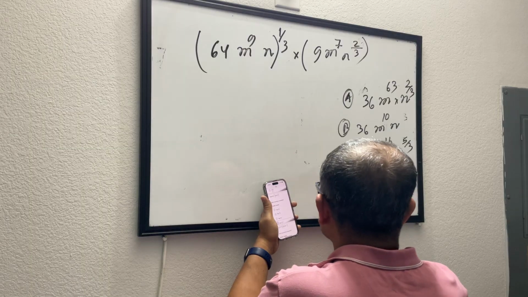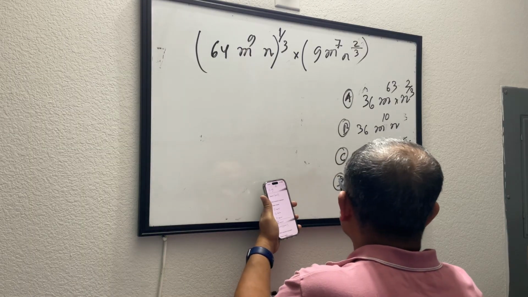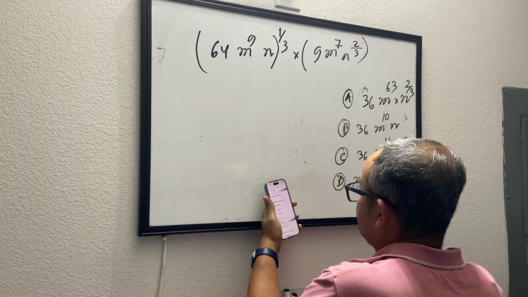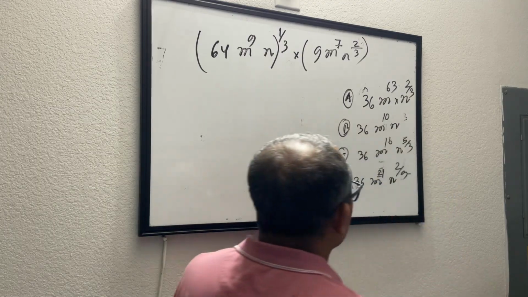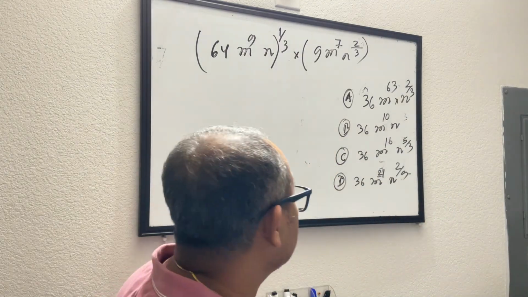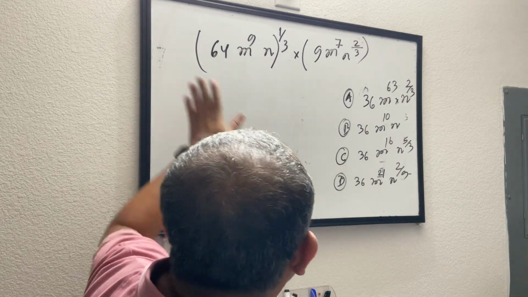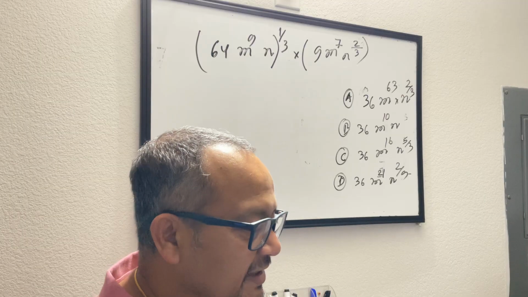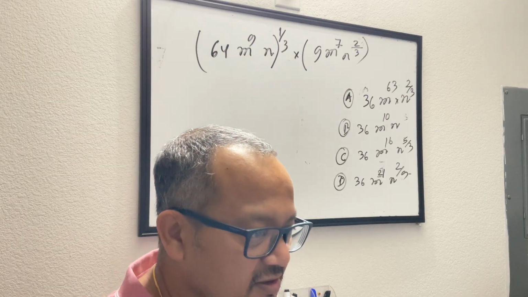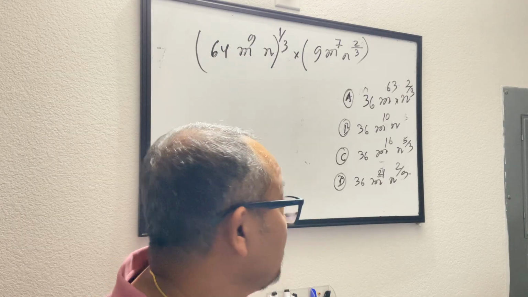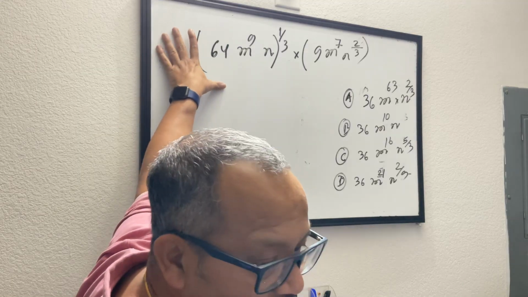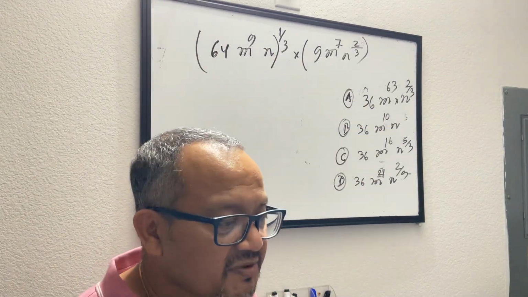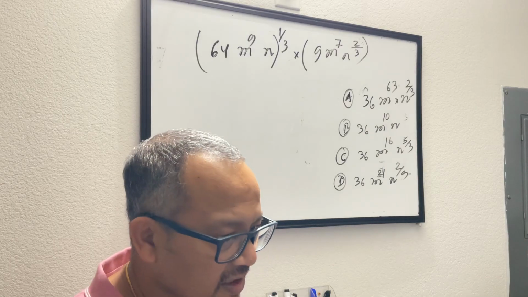Option D is 36 m to the power 21 n to the power 2 by 9. And if I have written any of the options incorrectly, don't worry about it. Try solving it with your playful approach, and then we'll talk about it after 2 minutes. Okay? I'll be muted for 2 minutes. I'm hoping everybody could see the question at least. Answer part, don't worry about it. Once you solve it, you will see which one it maps to. Yeah? Everybody saw the question?